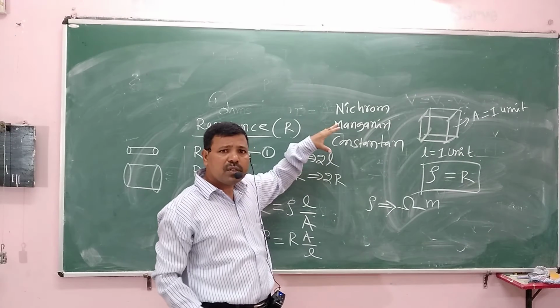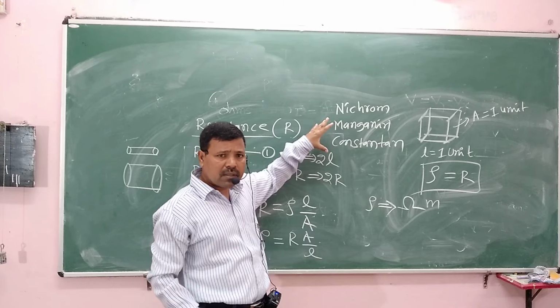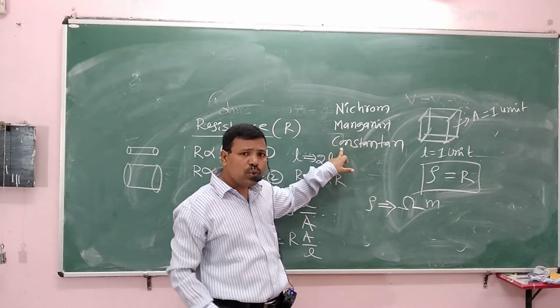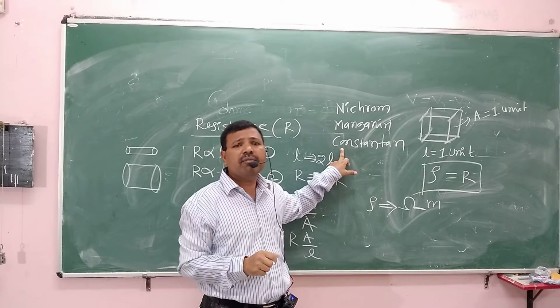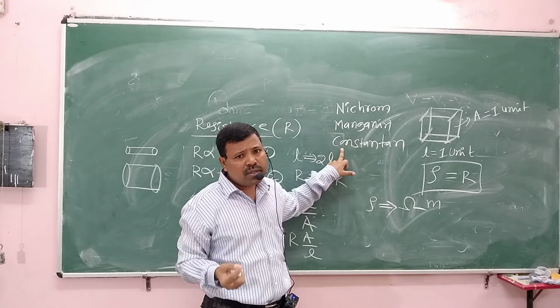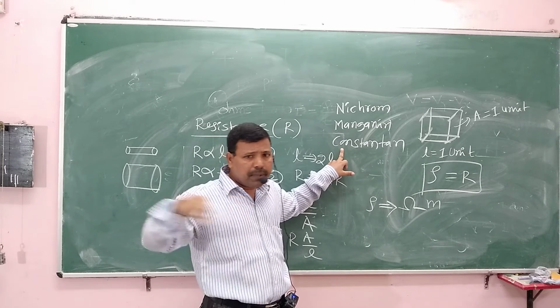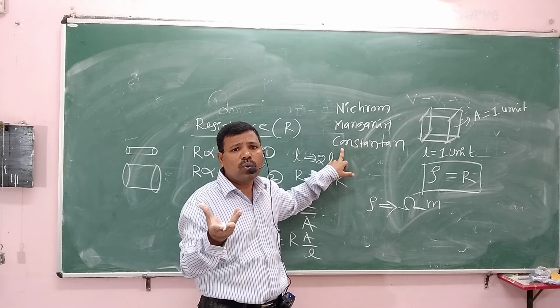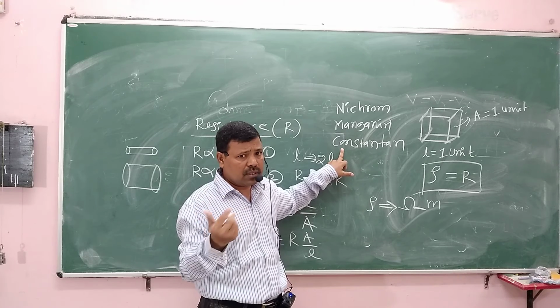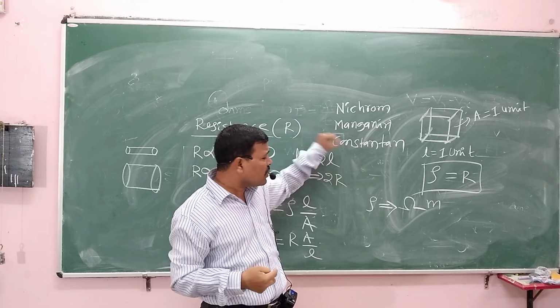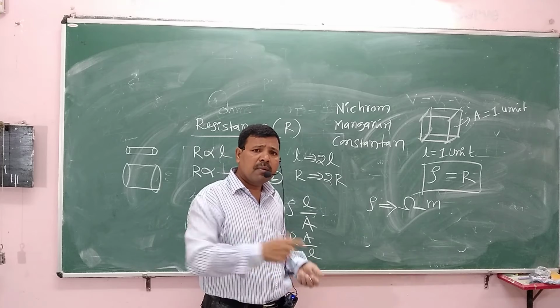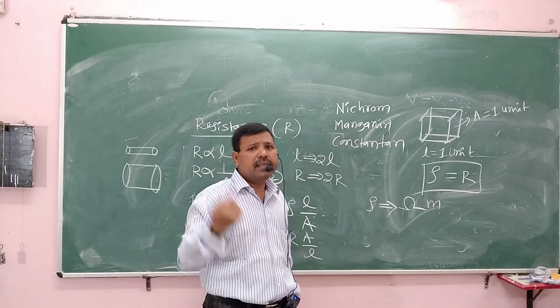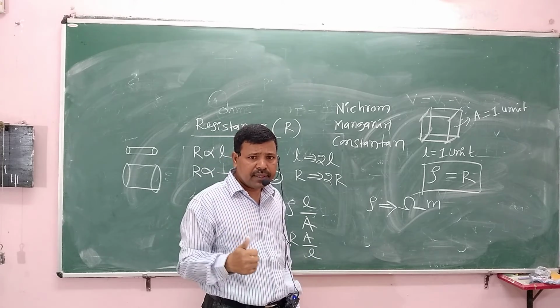They are combination of certain metals. Okay, they are used in making heating filaments. Heating filaments are used in electric press, electric heater, electric stove. Okay, heating appliances. Even if you take this fuse wire, it is combination of lead and tin.